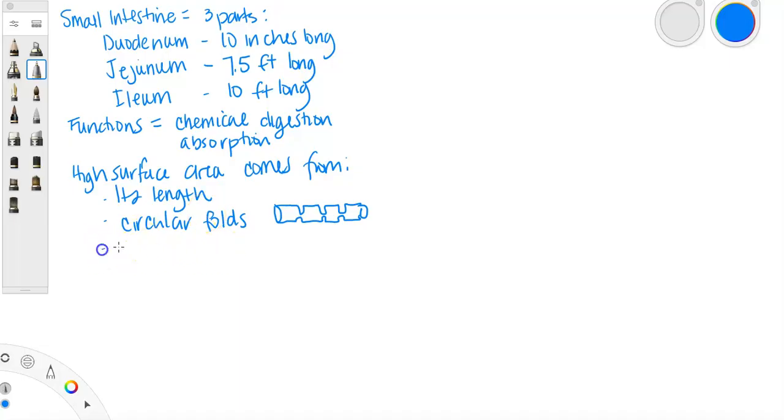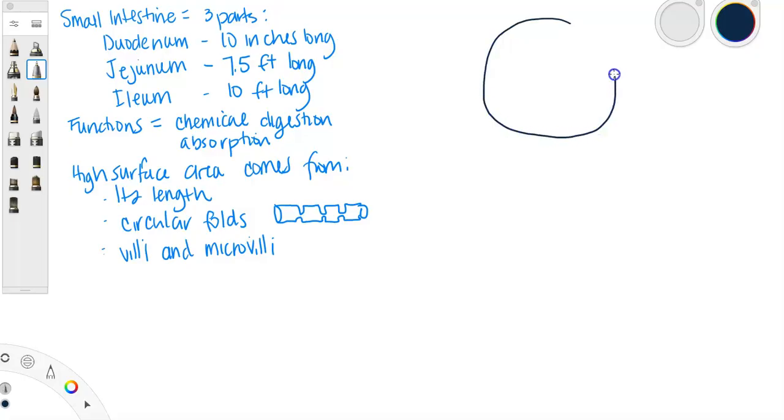And then it also has something called villi and microvilli. So it looks a little bit like this. So here's the tube, and the lumen is not round, okay?